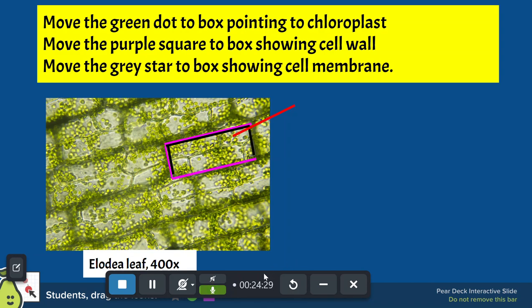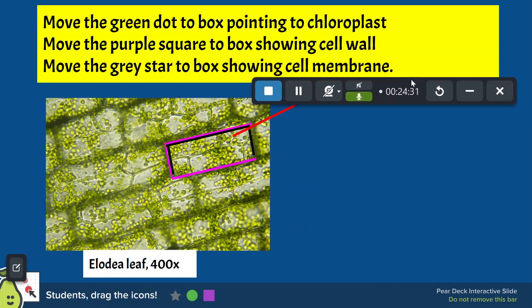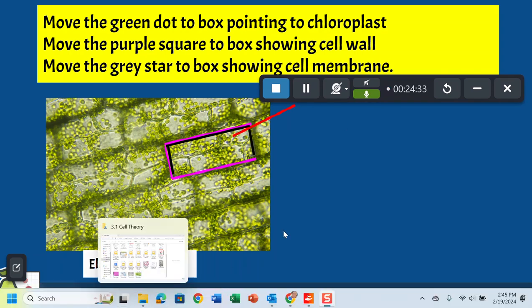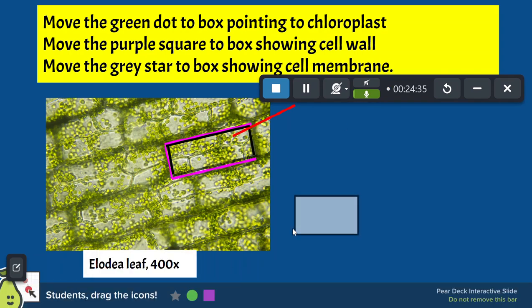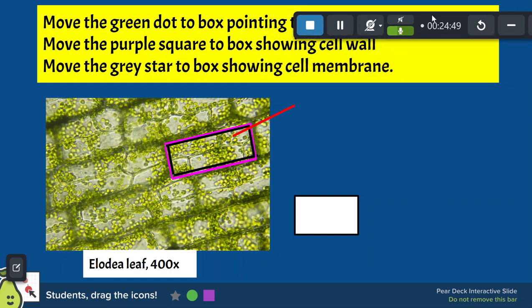And then in your Pear Deck, will it let me see it? Down at the bottom there, you can see there's a gray star and a green circle and a purple square. So I asked everyone to move the green dot to the box showing the chloroplast.